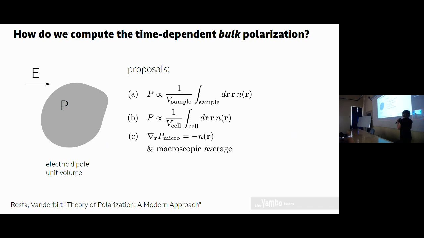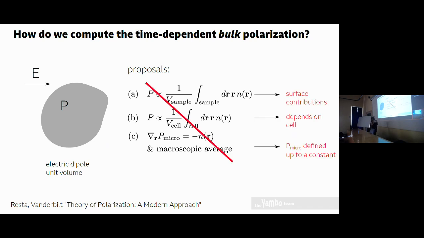So from the density, I can take the microscopic polarization, and then I can perform a macroscopic average. I don't know if anyone has some experience, but would you pick one of those in particular?